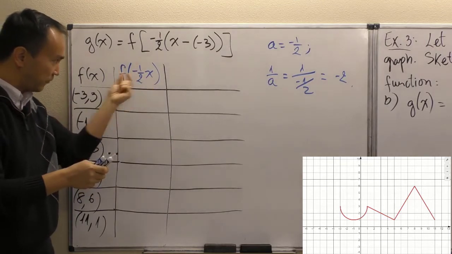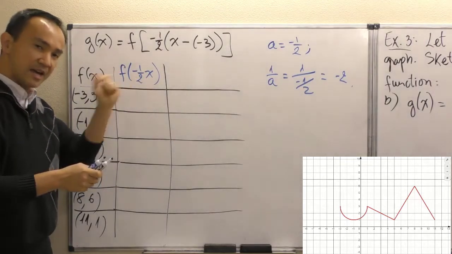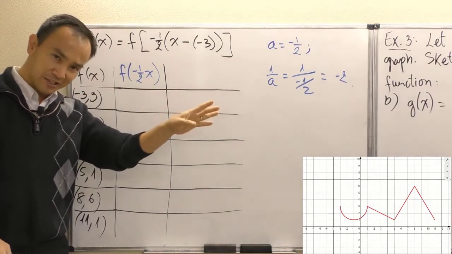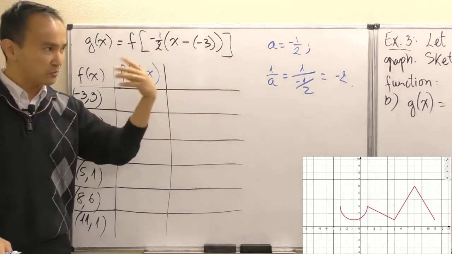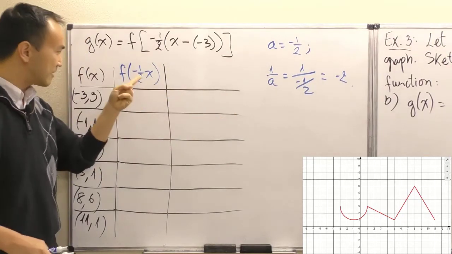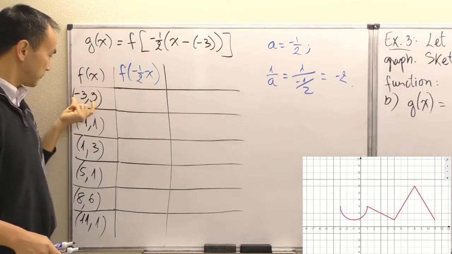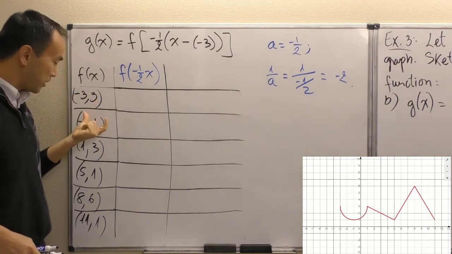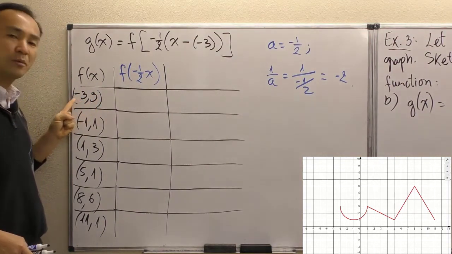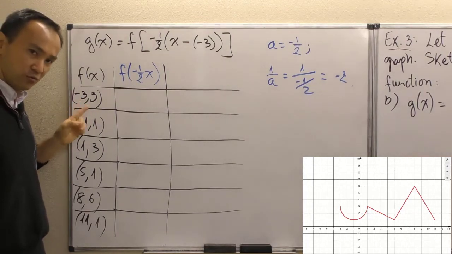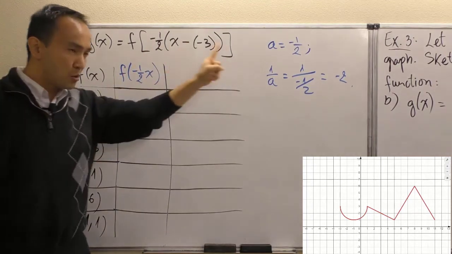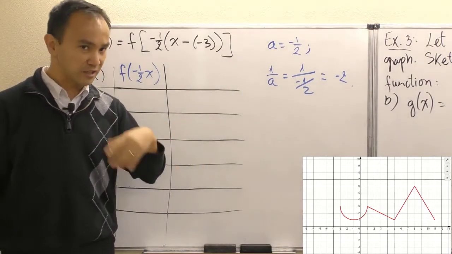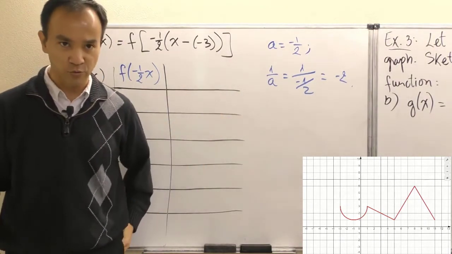When we're in this form of f of ax, then the advice I showed in the earlier lecture about these elementary transformations is that for every point on the graph, we simply multiply every x value by 1 over a, without worrying about the sign, because whatever sign comes with it will produce the results for us as we expected.